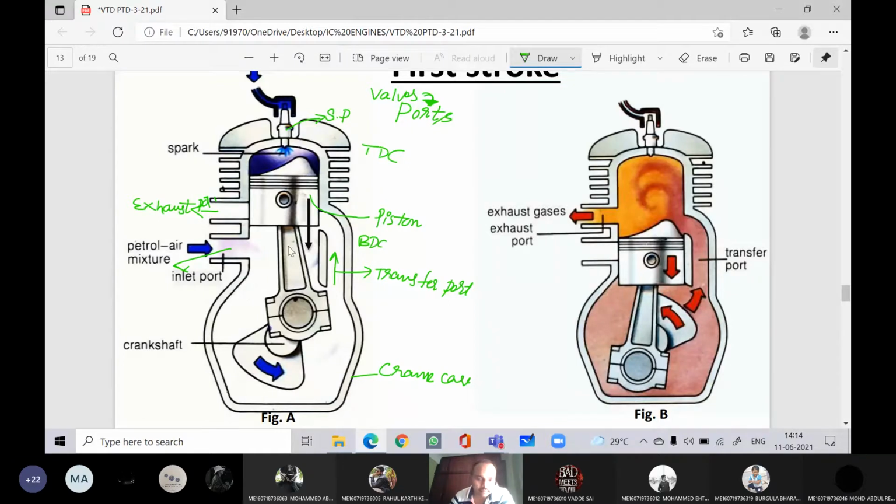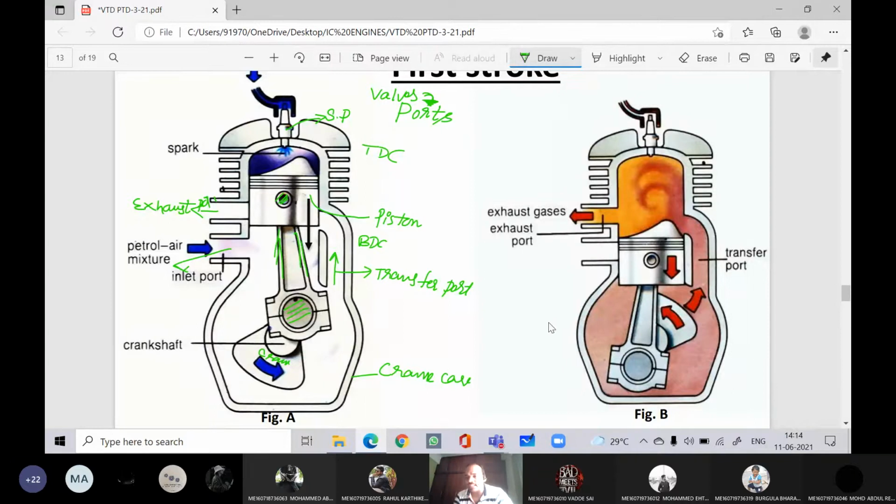What is this one? Connecting rod. And this is the crank. You know very well, right? This is the crank and this is the connecting rod. This is the piston, and this is the piston pin, or gudgeon pin, and this is the crank pin. The bigger end is connected to the crank. The smaller end is connected to the piston, right? And over the piston, we can see piston grooves are there.